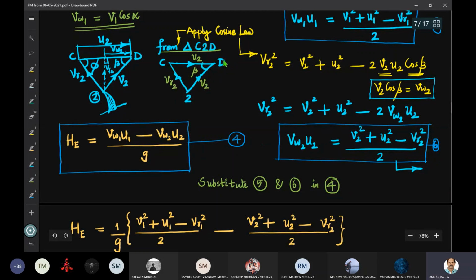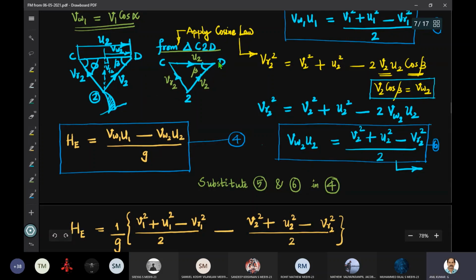If you mark those dimensions in this triangle, and let the triangle be named CD2, then from the triangle CD2, the two sides are V2, U2 and the angle between them is beta, and the third side is VR2.